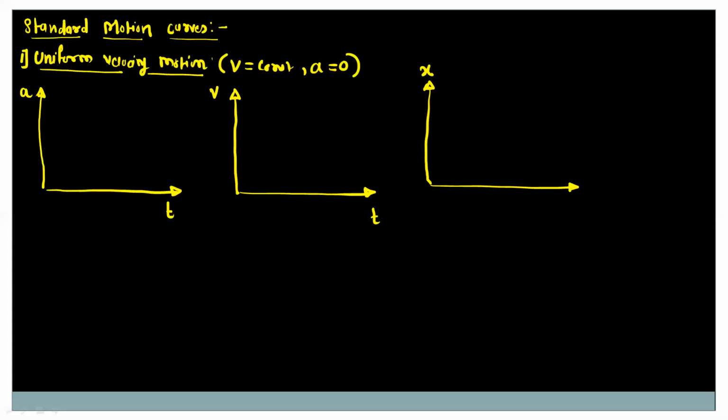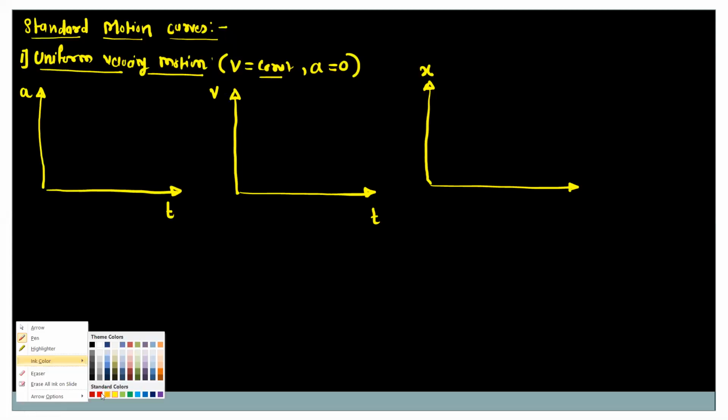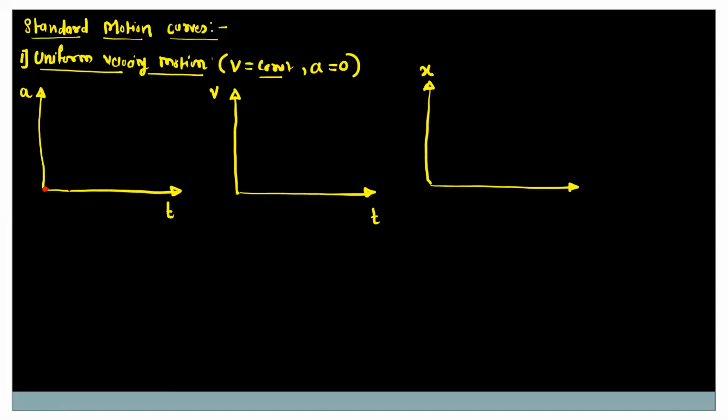Okay, so for the uniform velocity motion, velocity is constant and the acceleration is 0. Okay, so we will draw the AT graph. So when acceleration is 0, that means the x-axis, that is the time axis, it will represent the acceleration time graph. Okay, so this is the 0 value for the acceleration. Okay, so throughout the motion, for uniform velocity motion, acceleration value, it will remain 0.